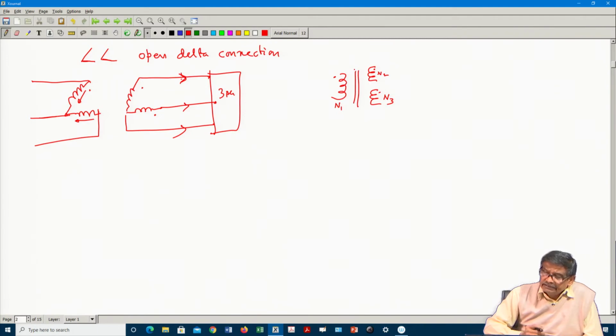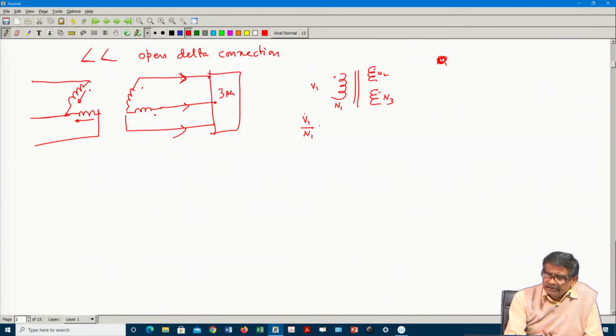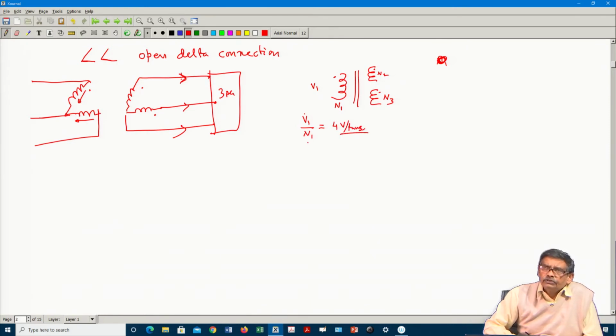Now, if this is the situation, let us calculate voltage per turn. Mind you, in a transformer it is quite useful to talk about voltage per turn.